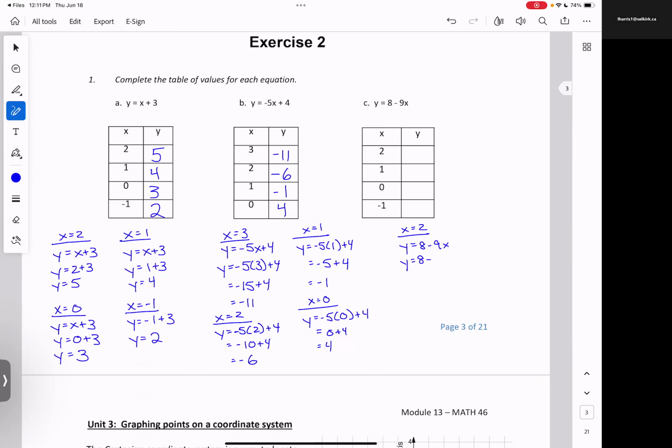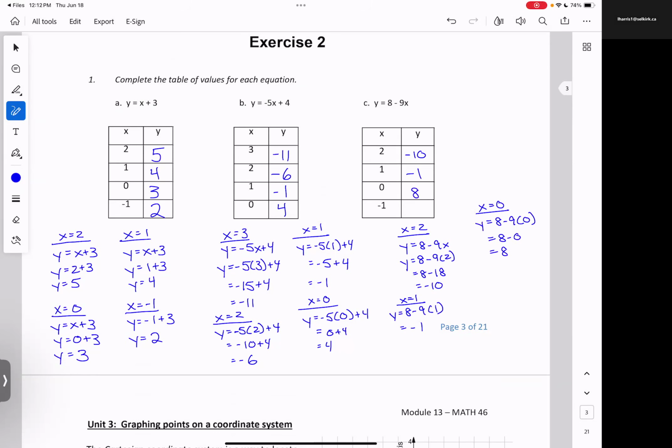So it'd be 8 minus 9 times 2, which is 8 minus 18, which is negative 10. When x is 1, we would have y is 8 minus 9 times 1, which is just 8 minus 9, so we get negative 1. When x is 0, we would have y is 8 minus 9 times 0, which is just 8 minus 0, or 8.